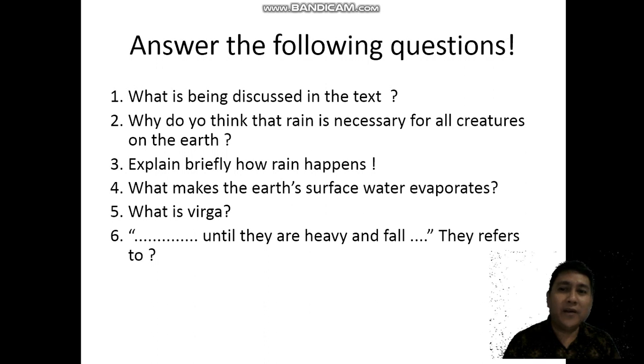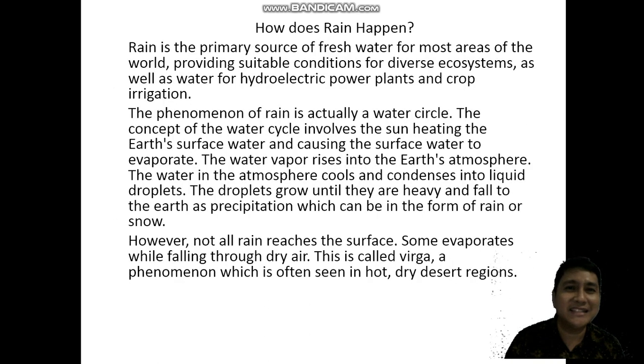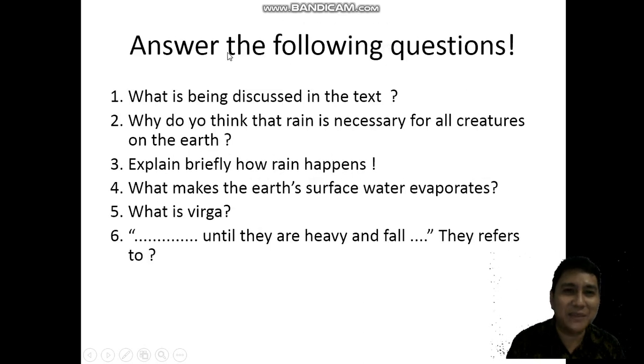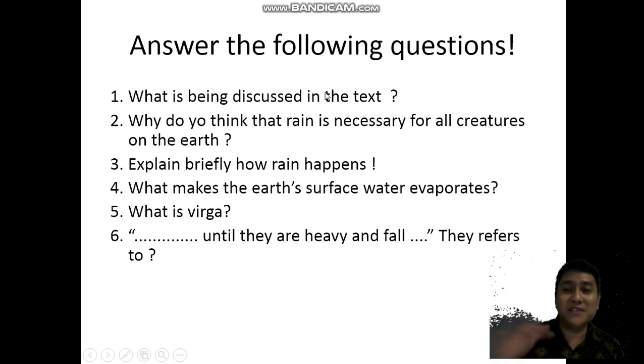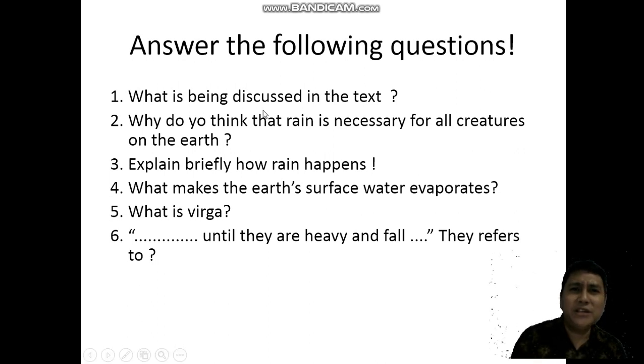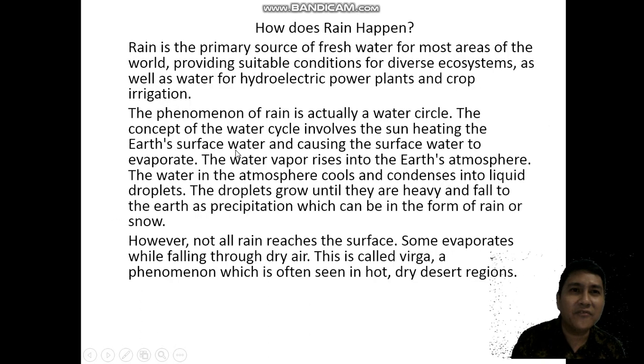Okay, and here are the questions that you need to answer. What is being discussed in the text? When you are reading this text, I think you can easily find out how rain happens, right? The answer is how rain happens, the process of rain. Why do you think that rain is necessary for all creatures on the earth? You can take a look at the first paragraph.